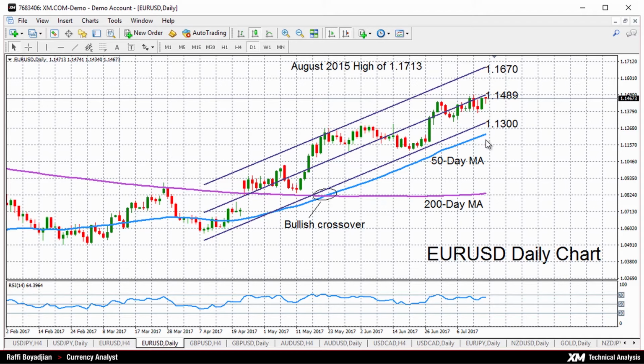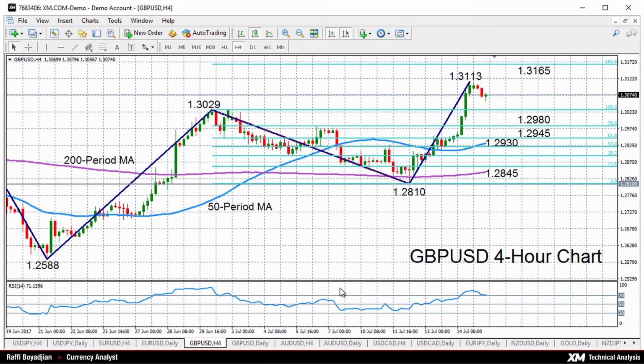To the downside, we should get support from the 1.13 handle, but looking at the RSI, this current bullish momentum should continue. RSI hasn't reached overbought level yet on the daily chart. It did do that briefly at the end of June before falling back, but for the time being the medium-term outlook is still very bullish.